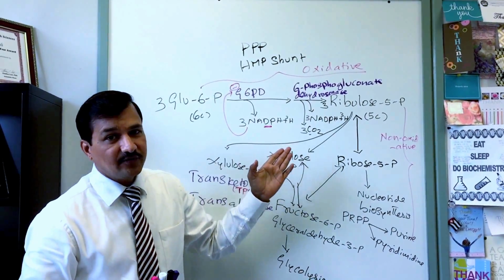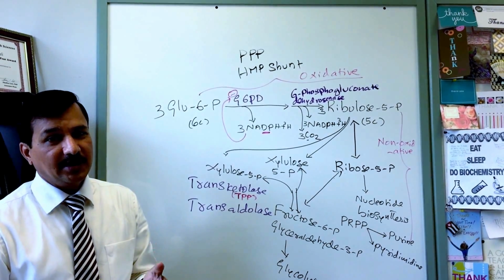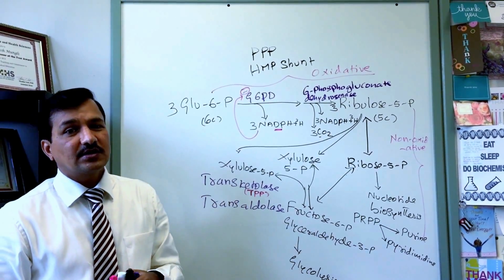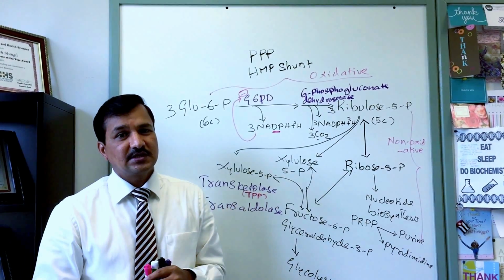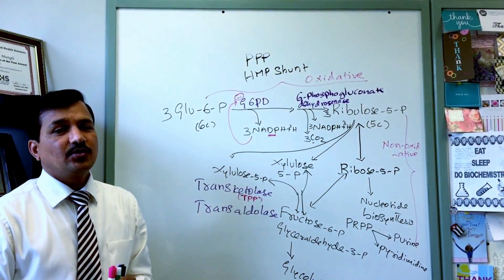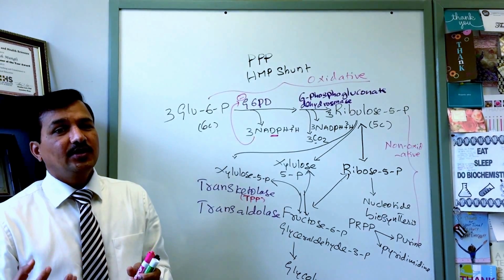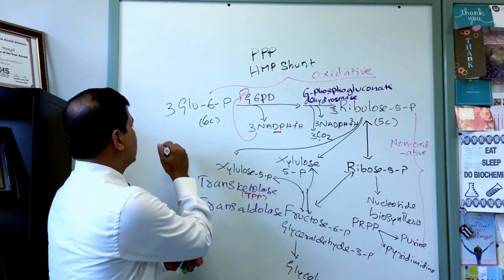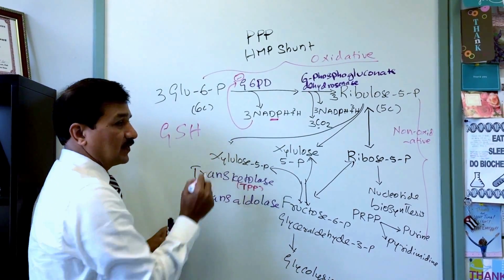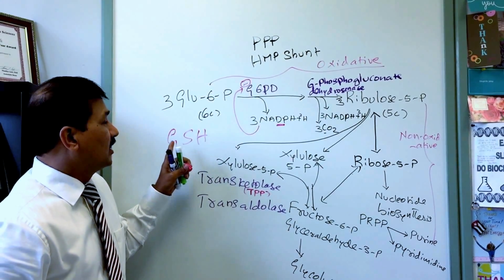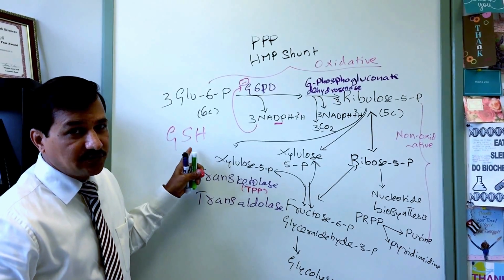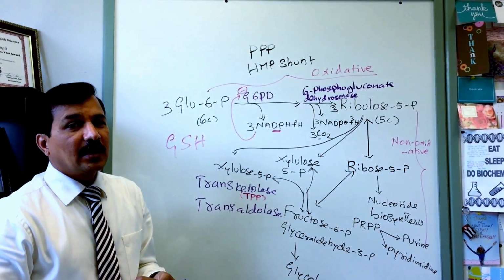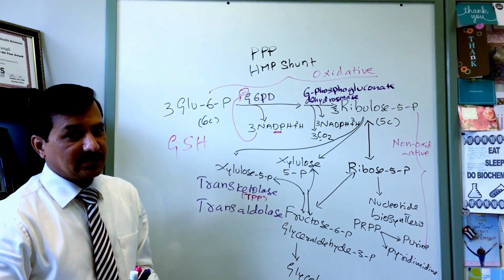NADPH plus H plus is needed for the detoxification process of medications, chemicals, food additives, all these things. It is needed for nitric oxide synthesis. And also it is needed to maintain glutathione in reduced state. Reduced glutathione is GSH. The GSH is reduced glutathione, and in order to maintain this in reduced form, you need NADPH plus H plus. So these are some of the uses of NADPH plus H plus for us.